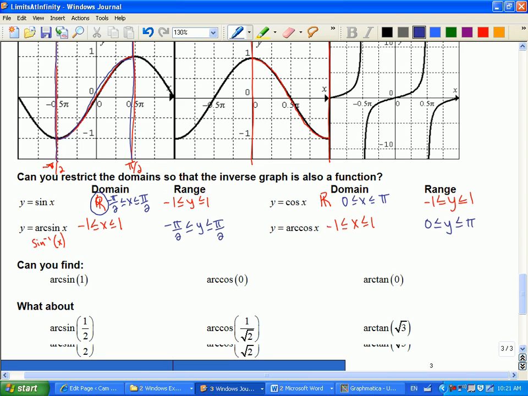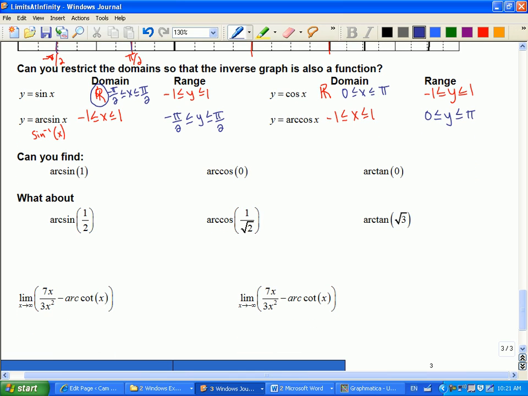Okay, so let's take a look at how you might be expected to use these and some tricks for dealing with it. What's the arc sine of 1? Yeah, you don't know about arc sine, right? We haven't really practiced arc sine, so it can be confusing. But what you do know is this is the same question as saying the sine of something is equal to 1, right?